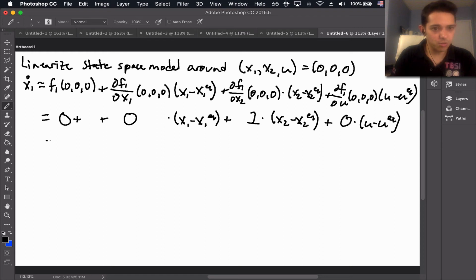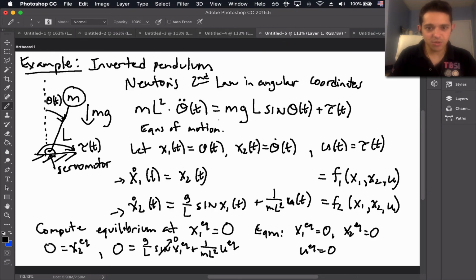All right, so what we're left with in the end is actually just this term, x2 minus x2 EQ, which eventually we're going to define as x2 tilde. The first state equation was linear in the first place, so nothing interesting was going to happen.